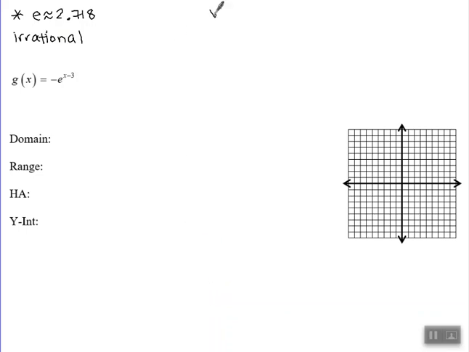So if we are thinking about our t-chart, we're going to have 1 over e, 1, and e. So these are approximately equal to 0.368, 1, and 2.718.